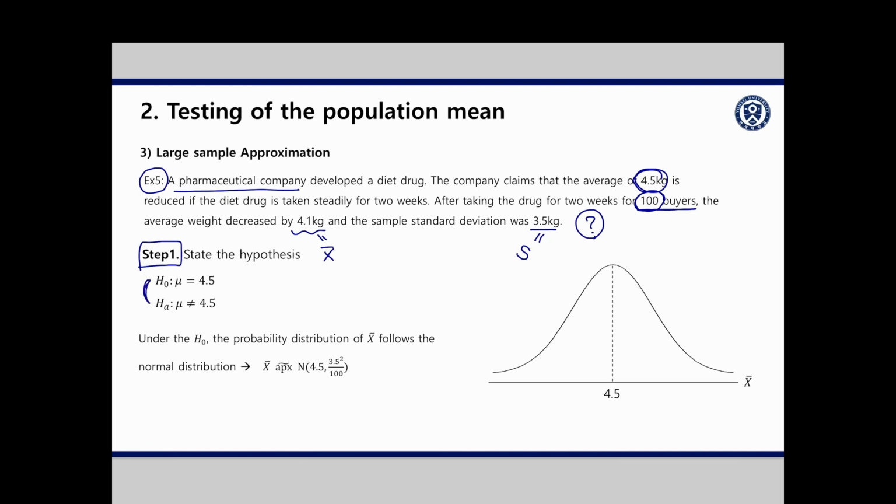Assuming the null hypothesis, X follows an unknown population distribution with mu equal to 4.25 and unknown parameter sigma squared. But the sample size is 100, so it is large enough.